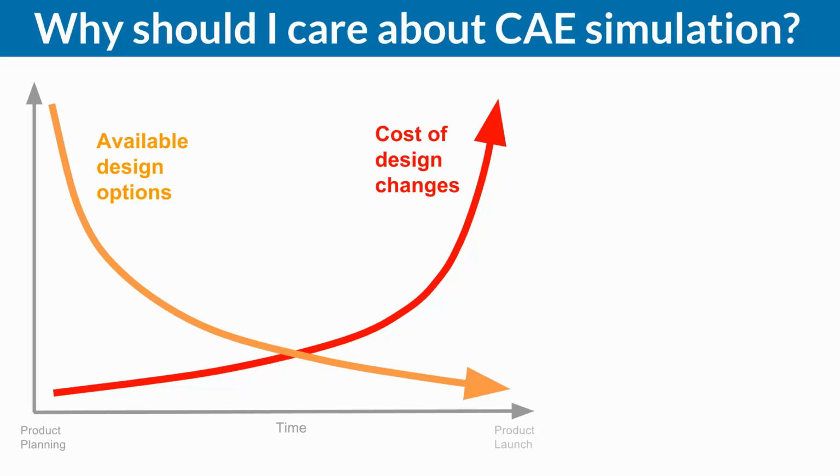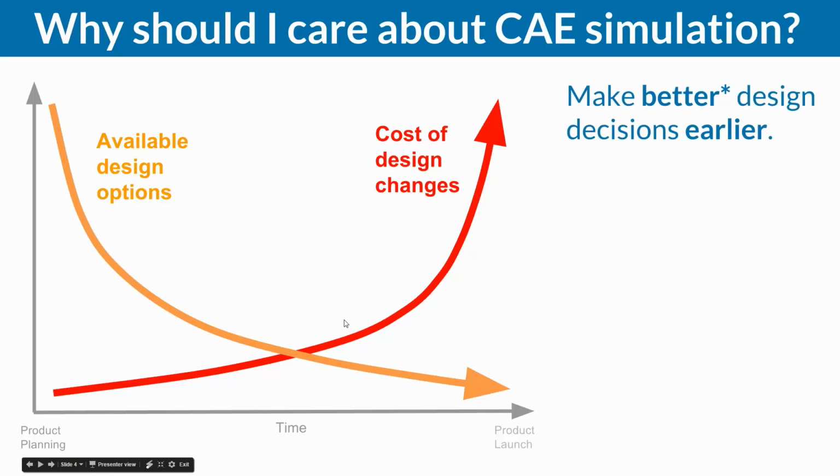When later I want to change even a small part, it's very hard to implement, and it's also very costly since it will affect a lot of other components as well. So whenever you make a design decision, try to do it as early as possible, and with simulation you can even do it before you build the first prototype. This really gives you a competitive advantage, because you can iterate on your design from the beginning without having built any prototype.